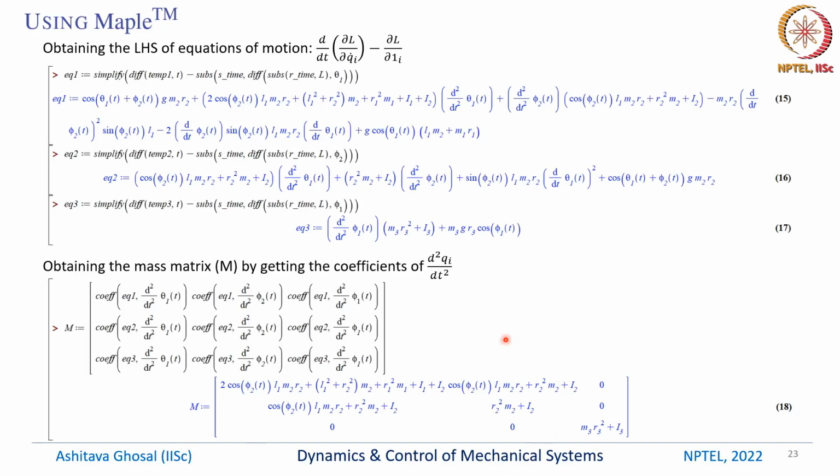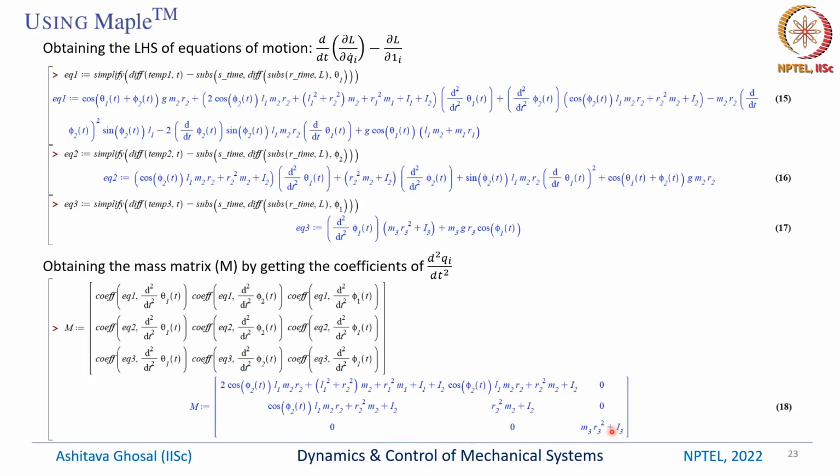The 2R part looks exactly like this, except we don't have theta 2. In the planar 2R we had theta 1 and theta 2; now we have theta 1 and phi 2. In the planar 2R, the mass matrix was a function of theta 2, with cos theta 2 and so on. Here we have cos phi 2 and 2 cos phi 2. The interesting part is here: the third column is 0, 0, m3 r3 square, and the third row is 0, 0.